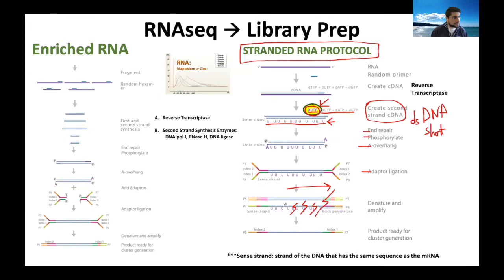This enzyme is called USER, a mixture of enzymes commercialized by NEB, and it is able to degrade the filament containing the uracil, okay?